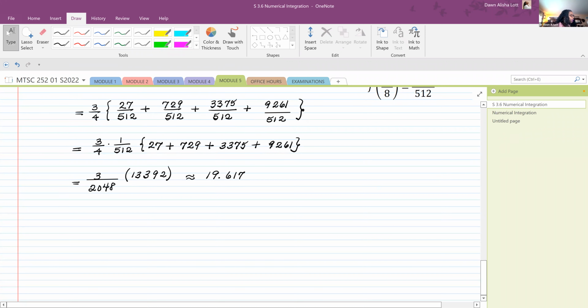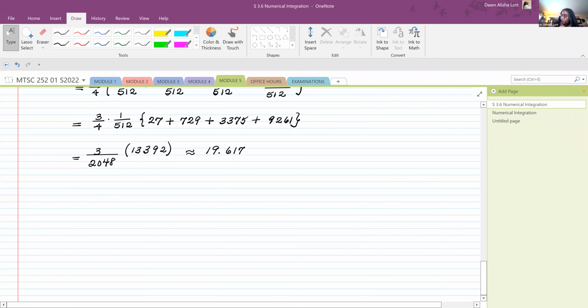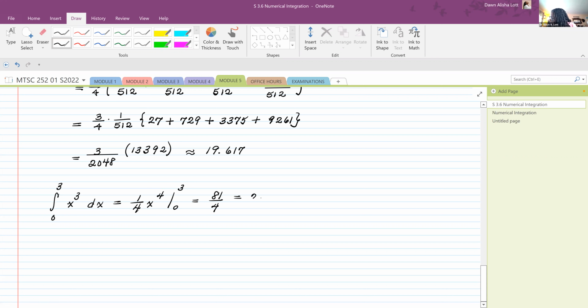Okay, so now what is the true value? Let's see the true value of the integral. So the integral from 0 to 3 of x cubed dx is 1/4 x to the 4th, evaluated between 0 and 3, which is 81/4. And that comes out to be 20.25. So this is the true value.